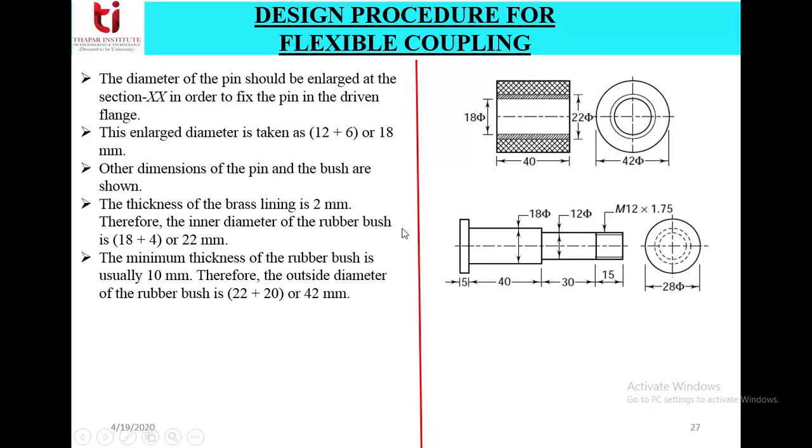This is the inner diameter of the bush, and the minimum thickness of the rubber bush is usually 10 mm. So the outside diameter of the rubber bush is 42 mm. You can see from the diameters of the pins we can get the diameters of the bushes. The inner diameter is 22 mm after considering the enlarged diameter as well as the thickness of the brass lining, and the outside diameter is 42 mm.